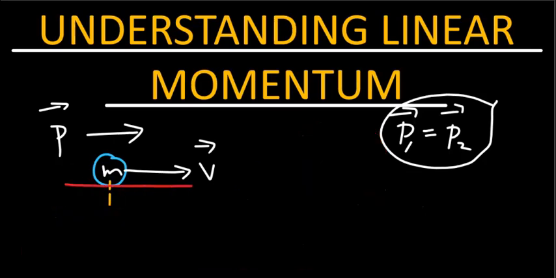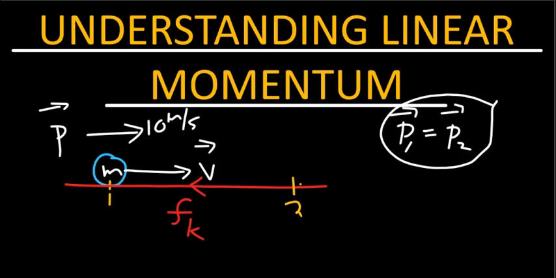Let's come back to this diagram, where you have one object moving from point 1 to say point 2. Let's assume at point 1 it has a speed of 10 meter per second, and this object is moving under the influence of some friction between the surface of the object and the surface of the floor on which it is moving, kinetic friction. And that friction causes this object to come and stop there.